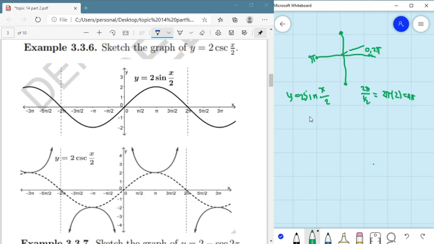Okay, so to make the table, first is 0, and then 4 pi. Between them is 0 plus 4 pi is 4 pi divided by 2 is 2 pi. Between 2 pi and 0 is pi, and then this is 3 pi.